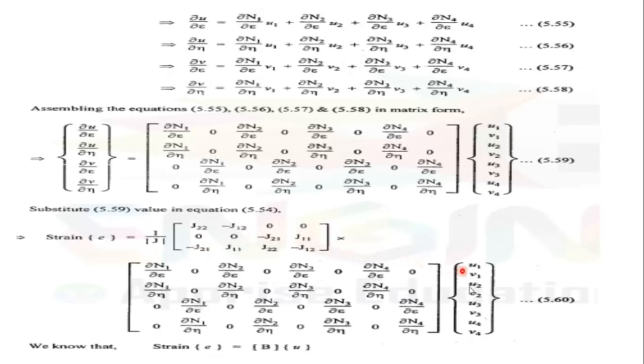This entire thing we will call B, that is, 1 by mod J into this matrix, the strain-displacement relation, and u is nothing but u1 v1 u2 v2 u3 v3 u4 v4. This is the displacement component, or global displacement vector u. So B represents the entire thing, with 1 by mod J into this. Mod J is nothing but the determinant of the Jacobian matrix. This is what we have done here.